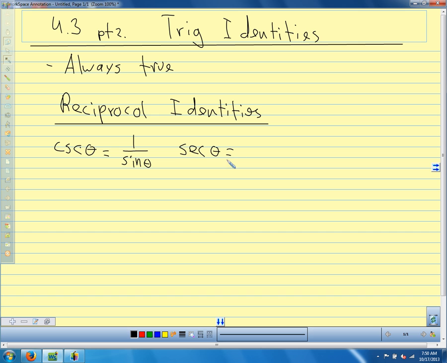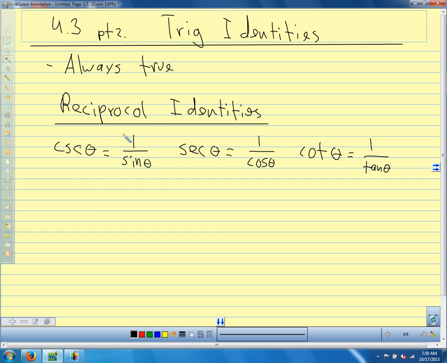The secant of an angle is related to cosine, so that's 1 over cosine theta, and the cotangent was related to the tangent. It's 1 over tangent theta. So we're just flipping our function over. And it works the other way around.